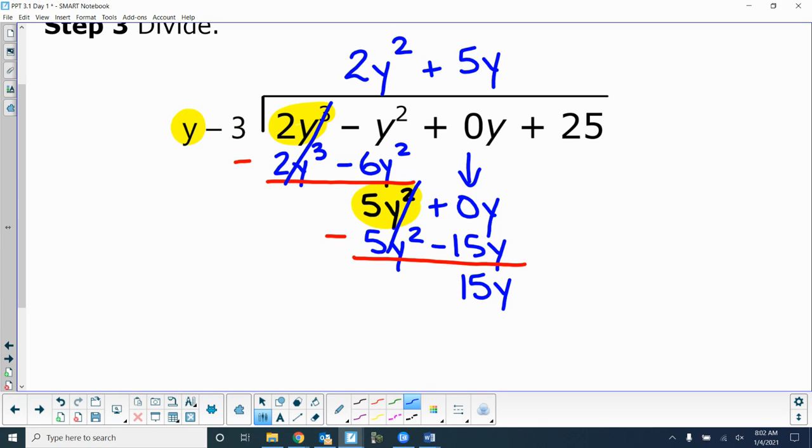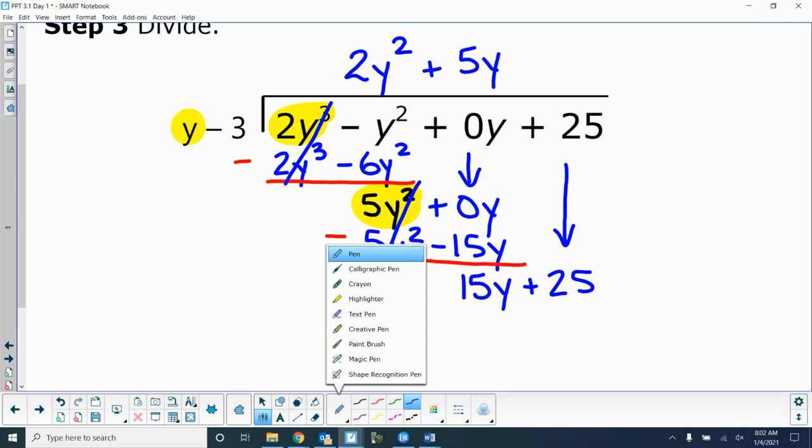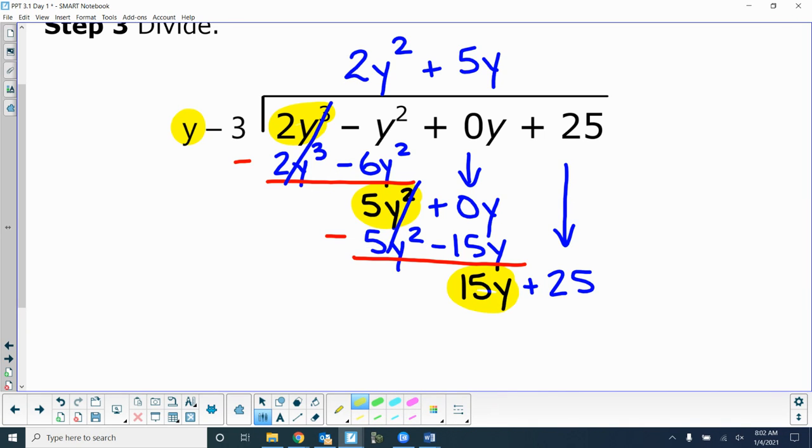And then I drop down the plus 25. And then I start over again. I take the 15y divided by y, which is what, Tanner? Right, 15y divided by y, so that's a positive 15, so that's what goes up there.